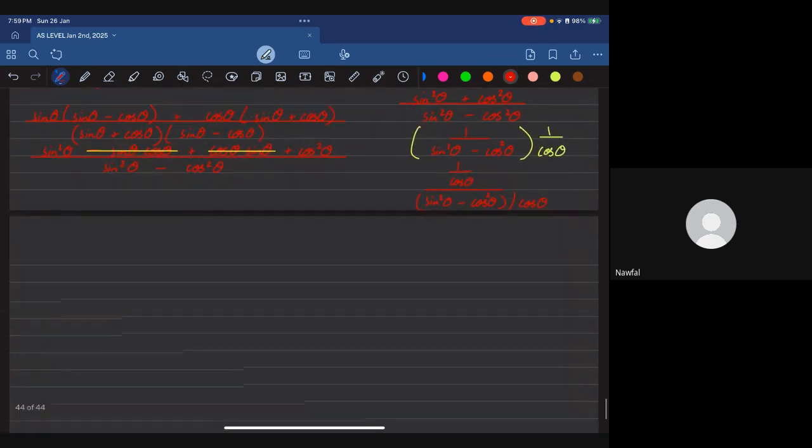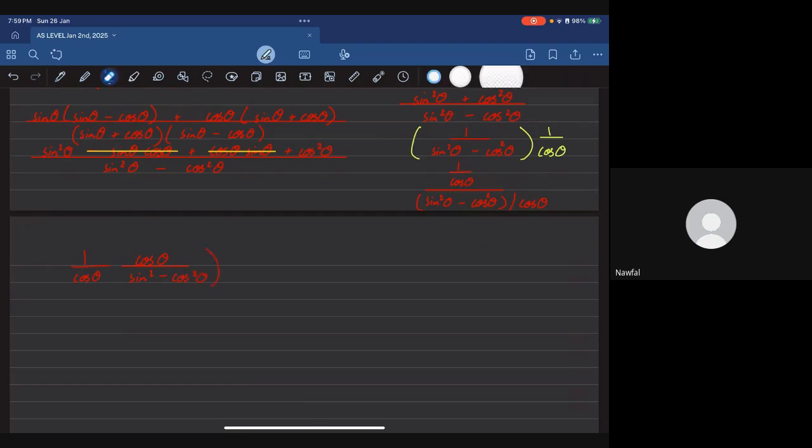Then if I take this down, what do I get? So I'm going to get 1 over cos theta times cos theta over sine square theta minus cos square theta. Yes, Nofal, what should I do now?